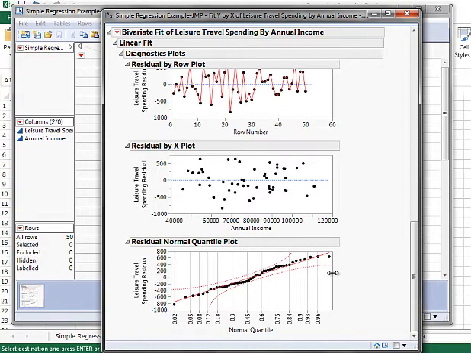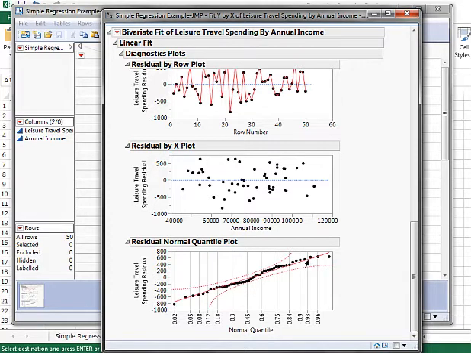And the normal quantile plot. What's plotted here is the cumulative value of a standard normal distribution. And these points, the plot of residuals, if they are perfectly on the line, we have a perfect normal distribution. Those two curves on both sides are the 95% confidence level.